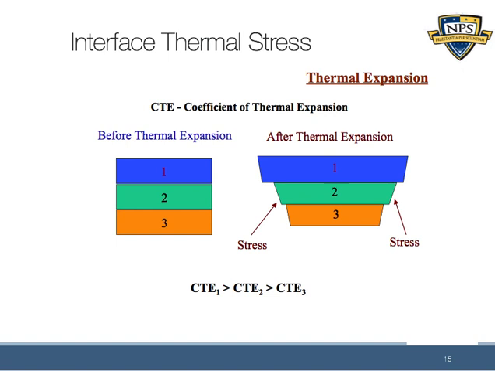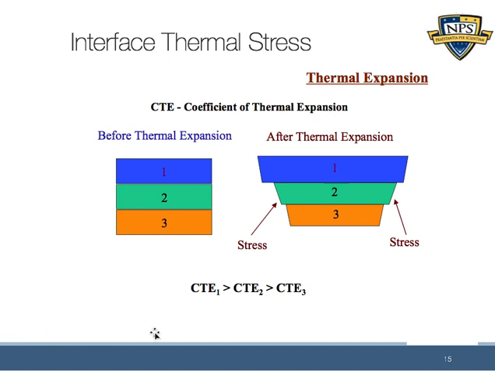So each of these materials will see the same temperature change, so they may go from 50 to 90 degrees, okay? So the CTE1 for material 1 is the largest, and so it's going to expand the most. CTE2 is a little bit smaller, so it'll expand the second most, and the CTE for 3 is the smallest, so it'll expand the least.